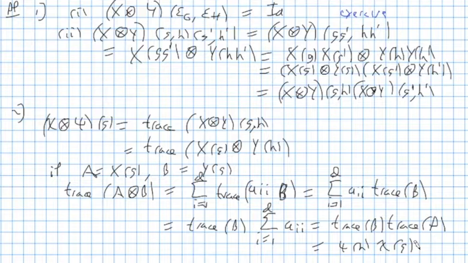So we showed that the trace of this tensor product of matrices is the product of the traces. So the character is just the product of the characters. Okay, so that finishes our proof.